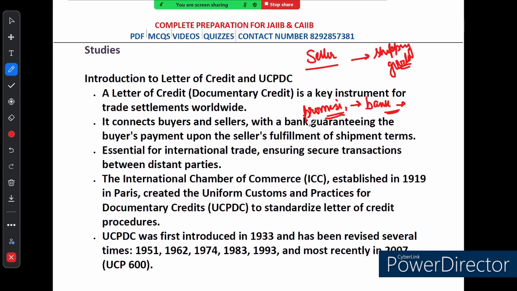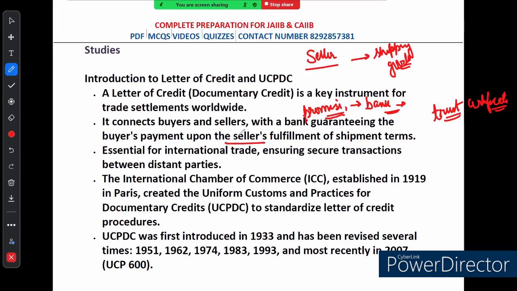You can treat this letter of credit like a trust certificate that says if you do your part, we will make sure you get paid. This is vital in international trade where buyer and seller could be thousands of miles apart and may have never interacted before. That's the key point.